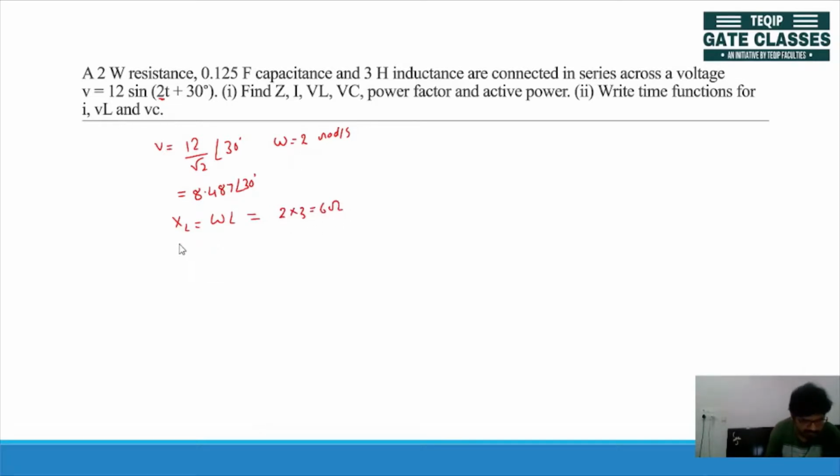Now XC. XC is 1 upon omega C. Omega is again 2 and C is 0.125. So 1 upon 2 into 0.125, you will get 4 ohm.